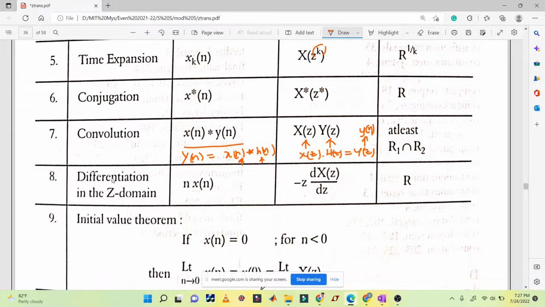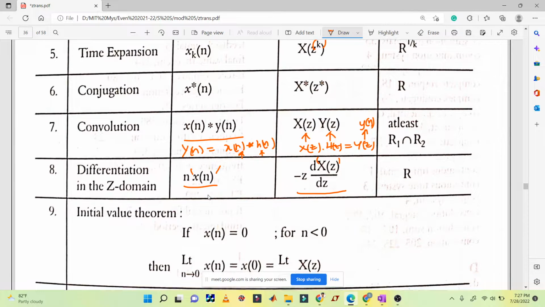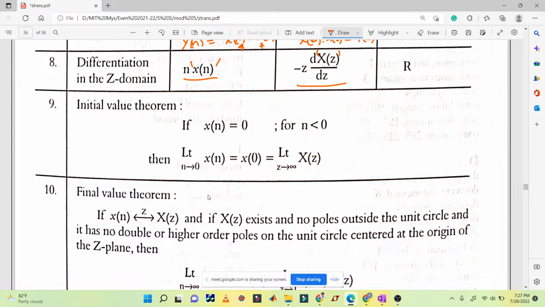Differentiation property, as I already explained many times in every other problem where we have solved problems based on properties: n into x of n, you have to find x of z for this x of n. After that, you have to substitute that x of z in this equation. Then initial value theorem and final value theorem.